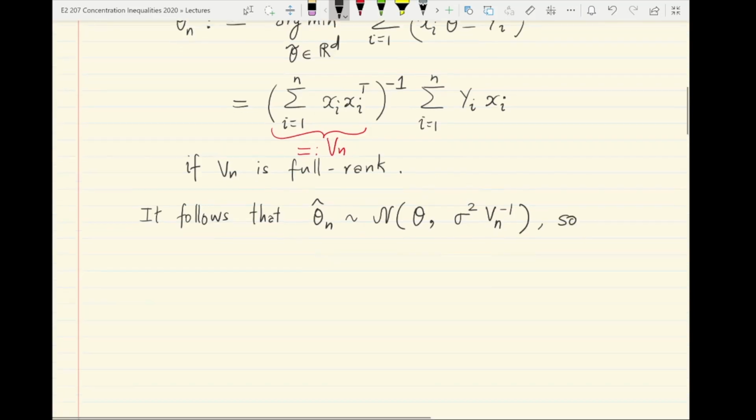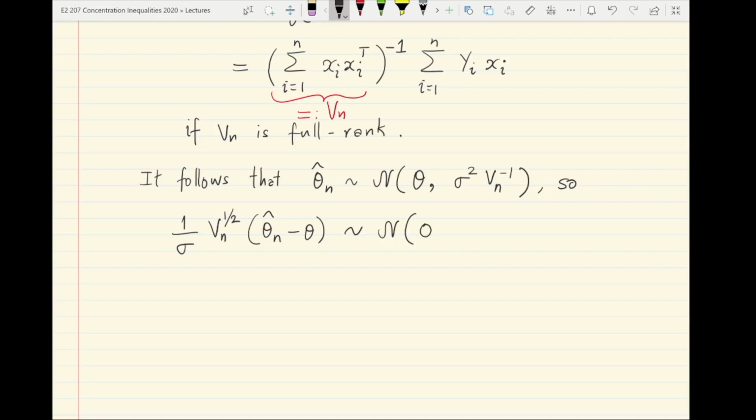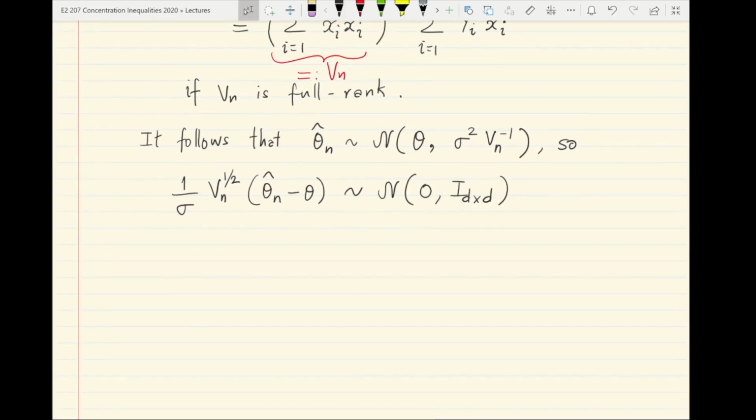If we just do some linear algebra, it follows that 1 over sigma times the square root of Vn times the difference theta hat n minus theta is distributed as a standard multivariate normal vector. The left hand side is in some sense just the whitened form of theta hat n minus theta.